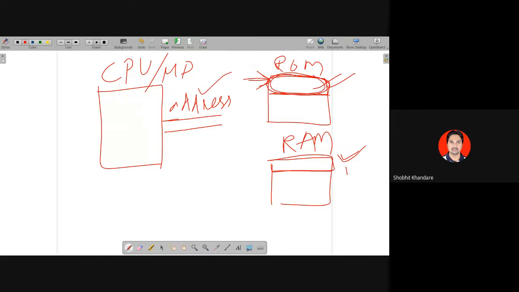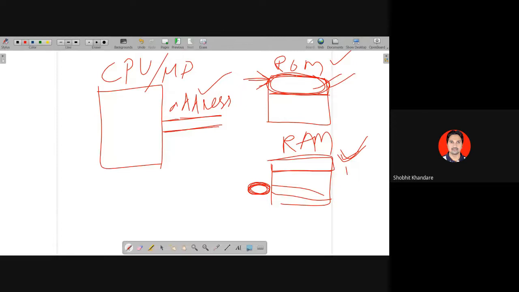That is why the name is given as an address bus. So address bus is only responsible to carry the address of that particular memory location. It can be ROM or RAM. अभी मेरा एक डेटा है जो ये लोकेशन पे है, तो ये लोकेशन का जो एड्रेस है, that will be carried in the address bus.